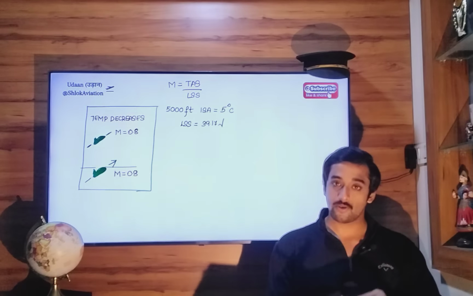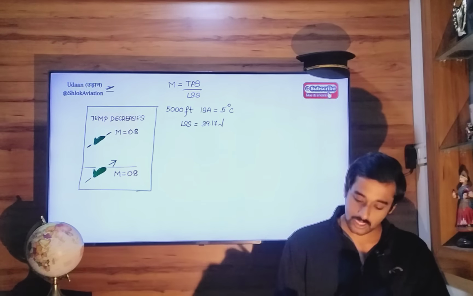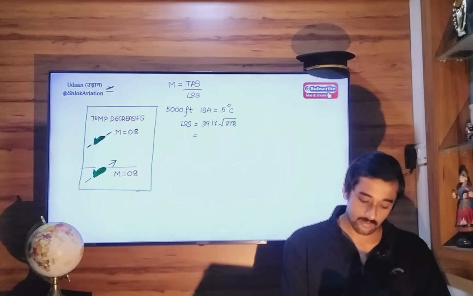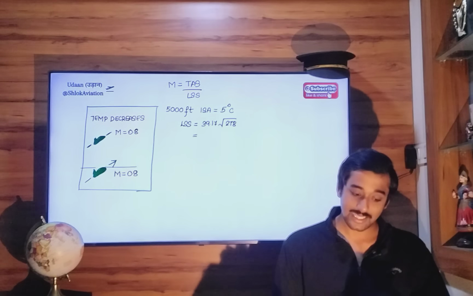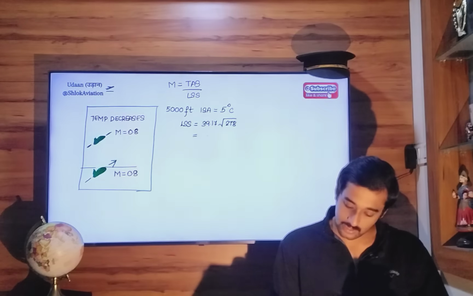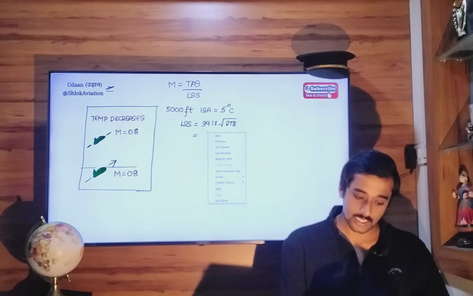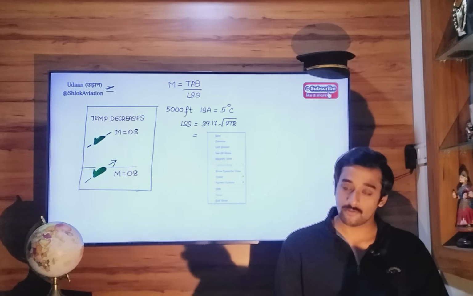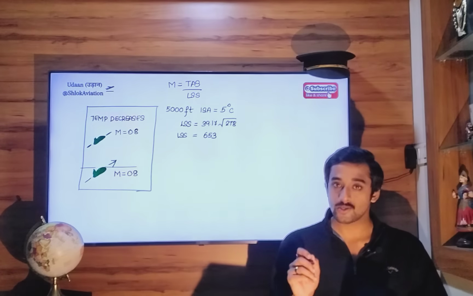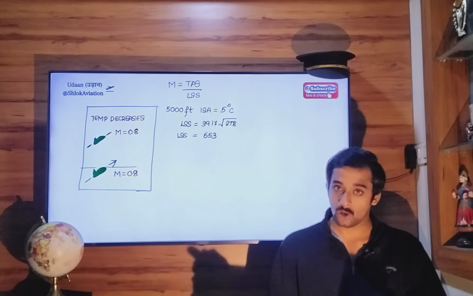Convert this 5 Celsius into Kelvin: 5 plus 273 is 278. The square root of 278 is approximately 16.67. Multiply that by 39.17, and you get a value of 653. So local speed of sound at 5,000 feet, where temperature is 5 degrees Celsius, is 653 knots.